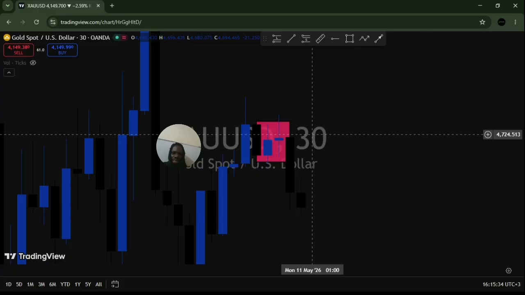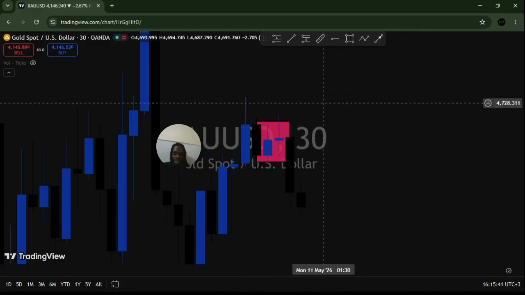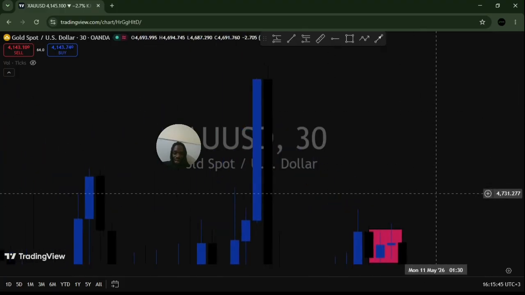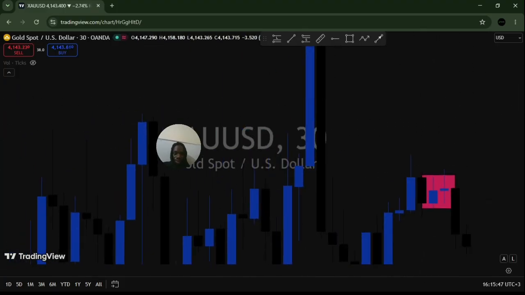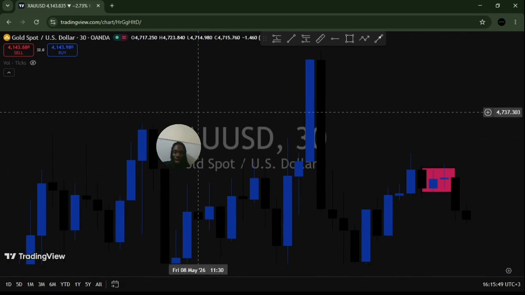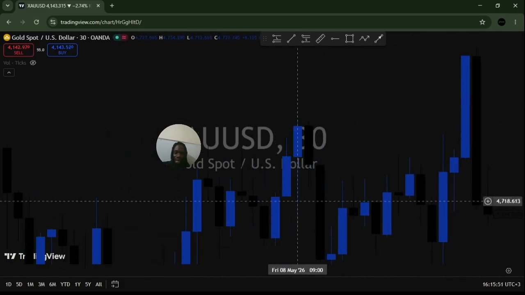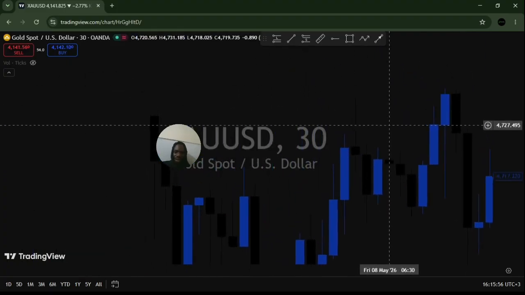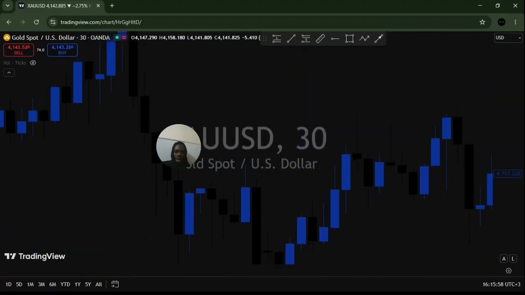Okay guys, so that's what we shall see. We talked about the spinning tops, so these are the spinning tops. They spin at the top. We talked about the inverted hammer. You can see these are the hammer and inverted hammer. Why is it called a hammer?